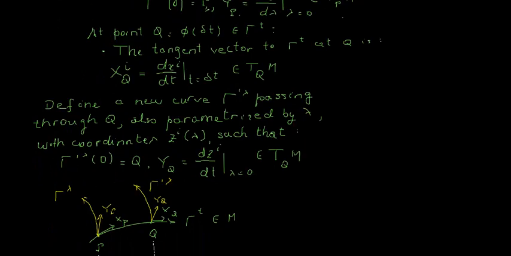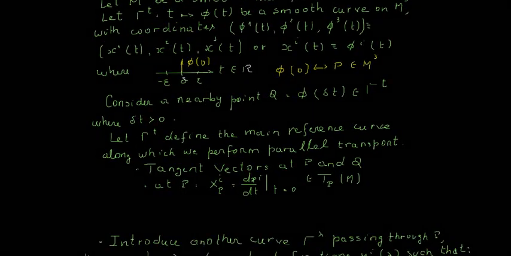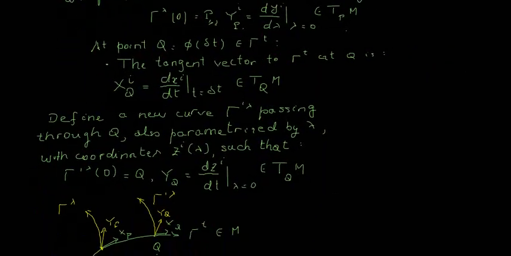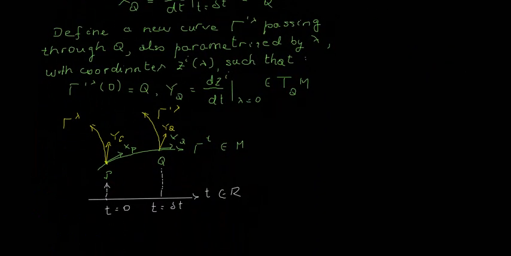You see this figure here. You clarify. You see, that's the same gamma t, the same curve. P and Q belong to the same curve, gamma t, which belongs to M. You see, P and Q are points that belong to M, which we label. You see this point, there's a label.